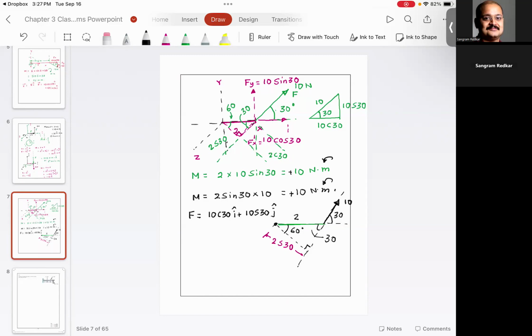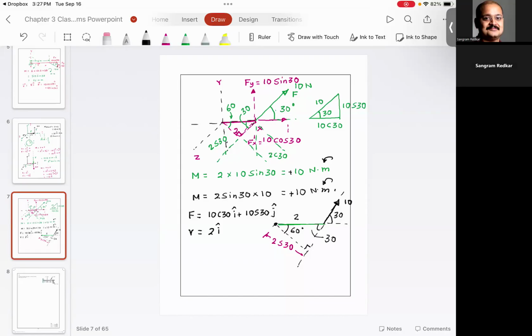Everyone understood this? And now if I want to find the moment, what is r? r is going to be 2i. Do you agree with me? Extremely important observation: i, j, and k are the same consistent coordinate system, the same unit vectors that are representing both vectors, force and the radius.